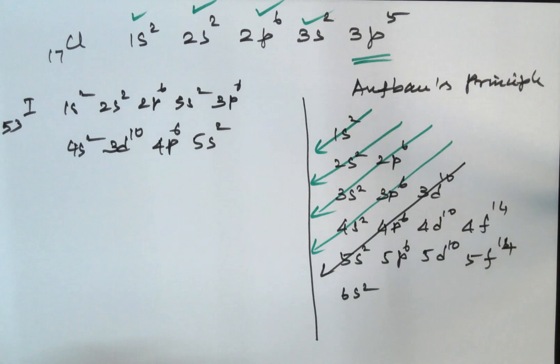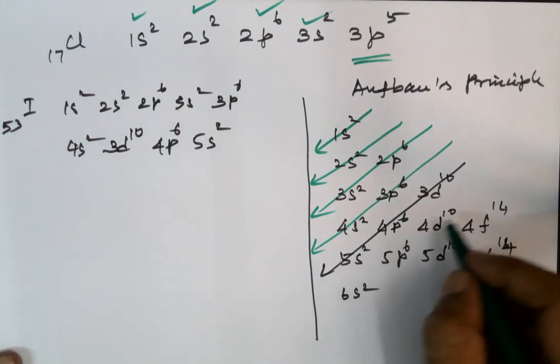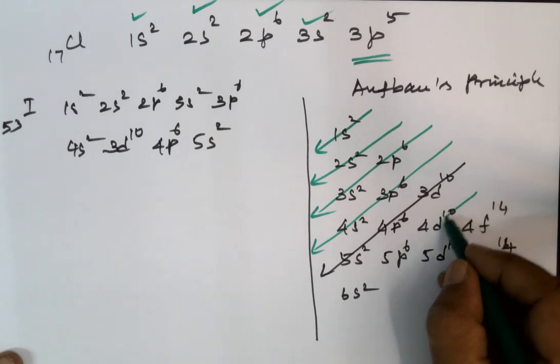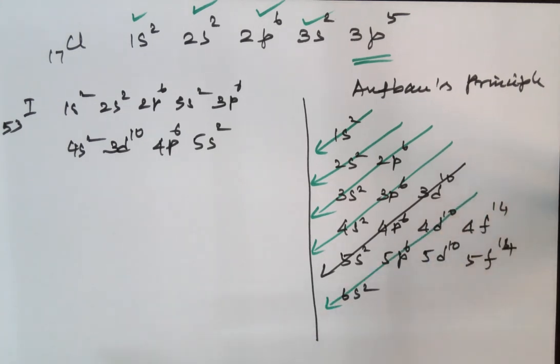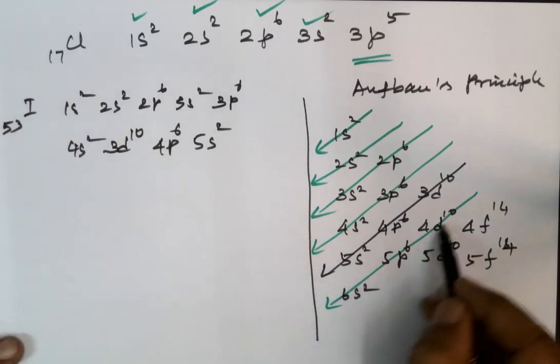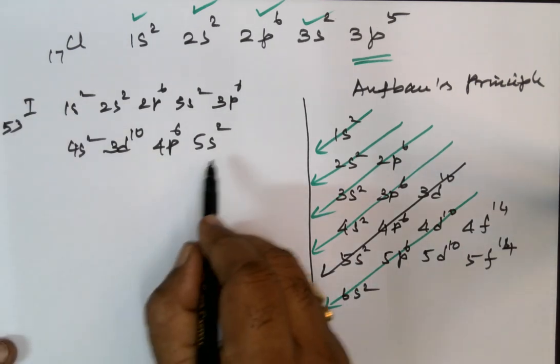Now you can draw like this. After 5s2 it comes across like this. After 5s2 go to 4d10.